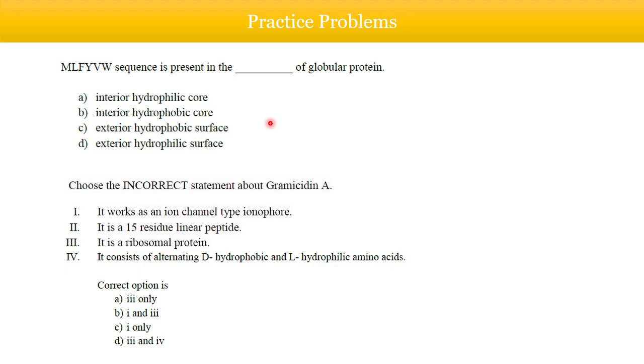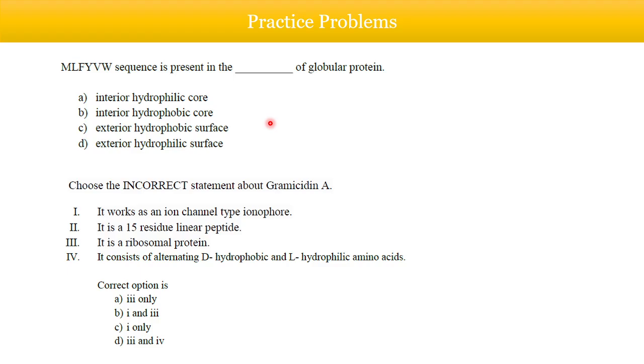So what is Gramicidin A? Gramicidin A is a well-known antibiotic that forms a channel in lipid bilayers, allowing the passage of monovalent cations like sodium and potassium. It is composed of 15 amino acid residues, although it forms a helical structure within the membrane.